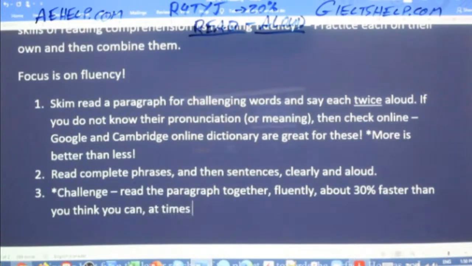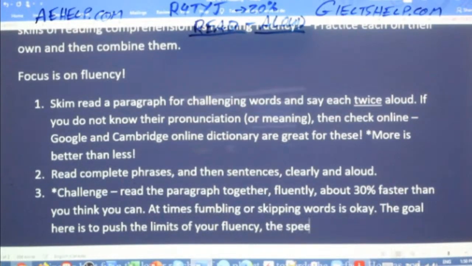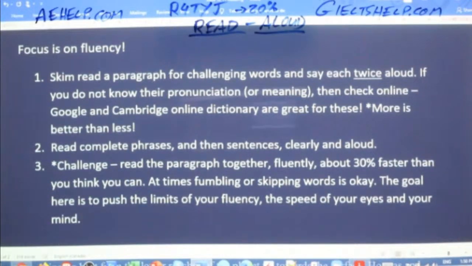At times, let's make this a new sentence. So at times, fumbling or skipping words is okay. The goal here is to push the limits of your fluency, the speed of your eyes and your mind. Okay?